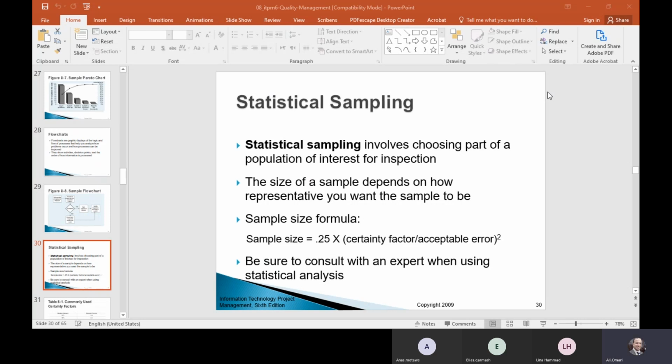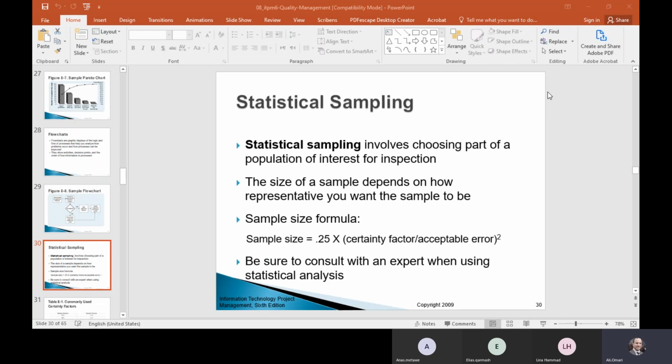Statistical sampling involves choosing part of the population of interest to study or inspect. The size of the sampling depends on how representative you want it to be.